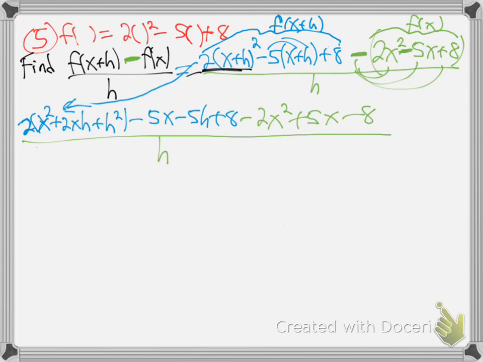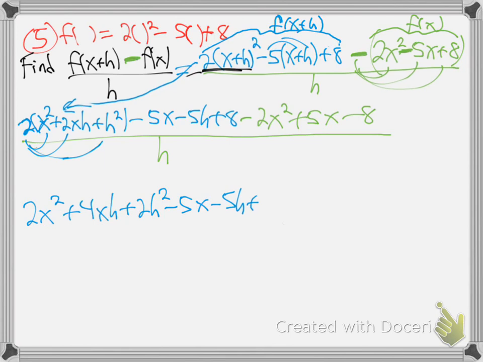Okay, now I've got to distribute this 2. Boom, boom, boom, and I get 2x squared plus 4xh plus 2h squared, and then minus 5x minus 5h plus 8, and then the minus 2x squared plus 5x minus 8, all over h.